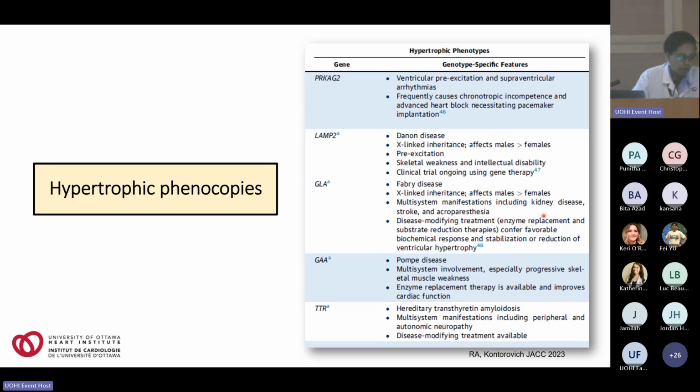We have also the hereditary ATTR amyloid, which is quite rare, but we should also keep in mind in those patients that present with or mimic HCM.